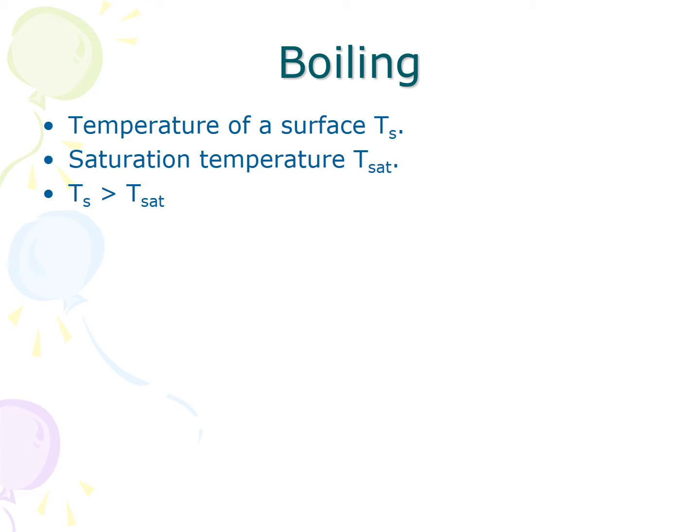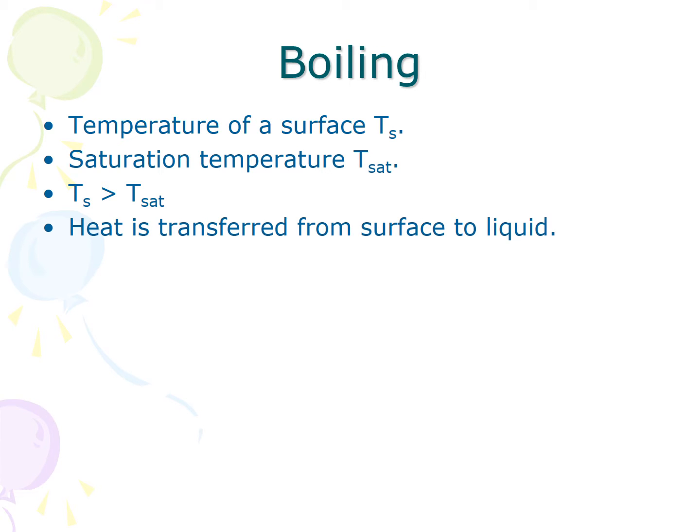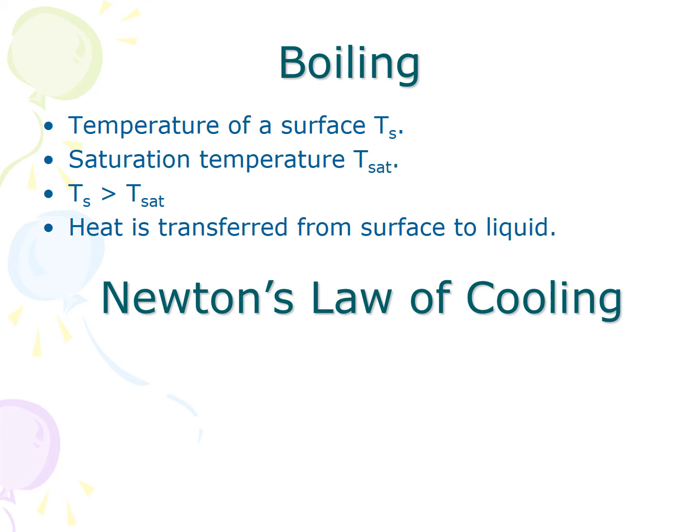For heat to be transferred from the surface to the boiling liquid, Ts has to be greater than Tsat. Newton's law of cooling can also be applied to boiling. Ts minus Tsat is known as the excess temperature, or delta Te.